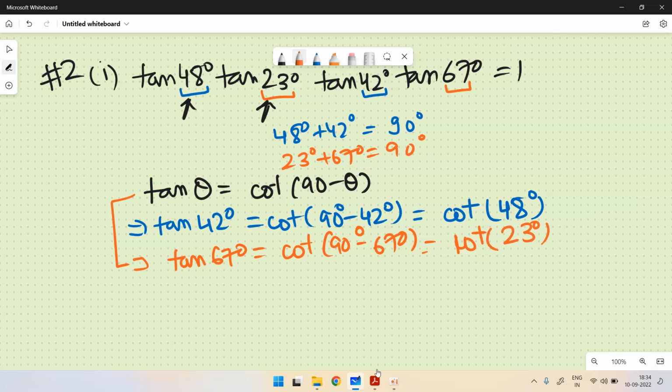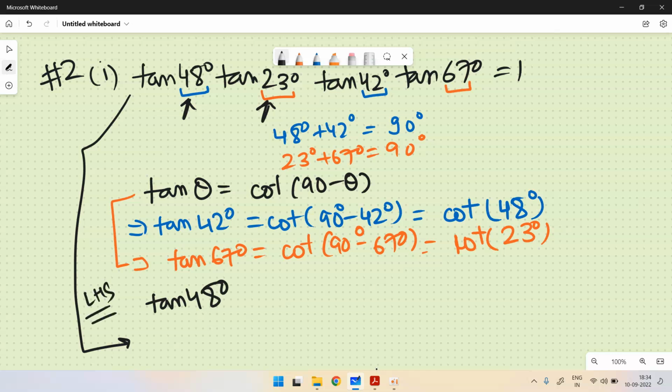Now if I substitute this value, taking the LHS, the expression becomes tan of 48 degree into tan of 23 degree. In place of tan 42 I am writing cot of 48 degree, and in place of tan 67, cot of 23 degree.